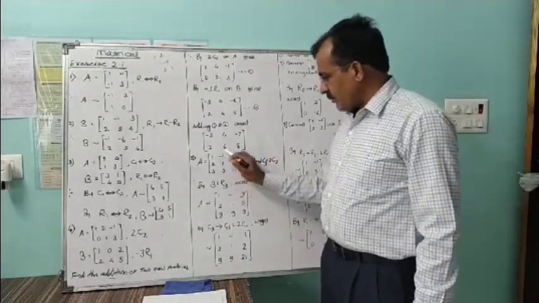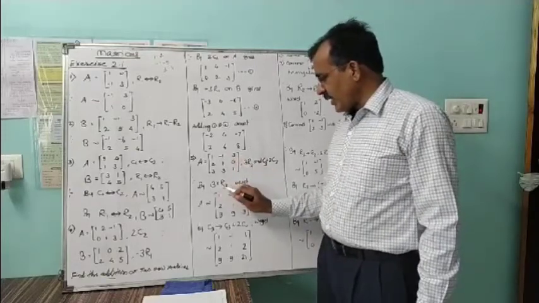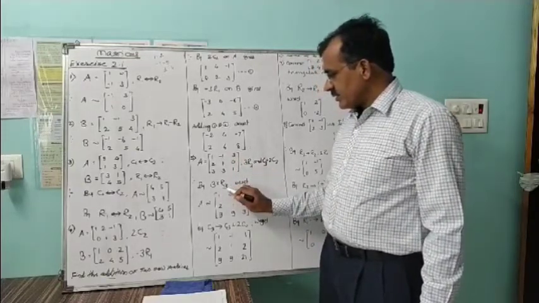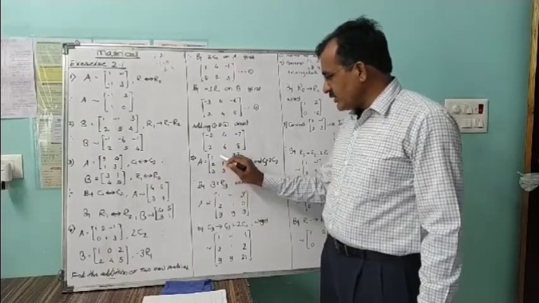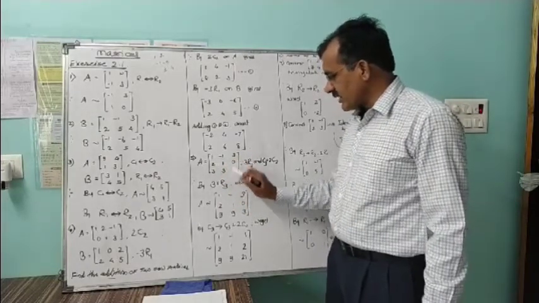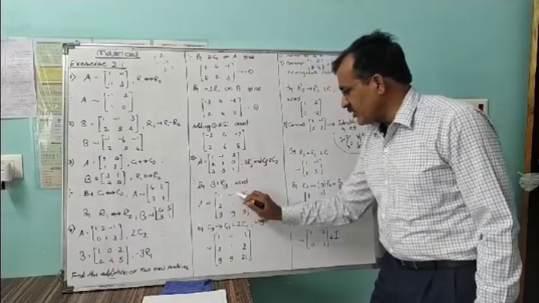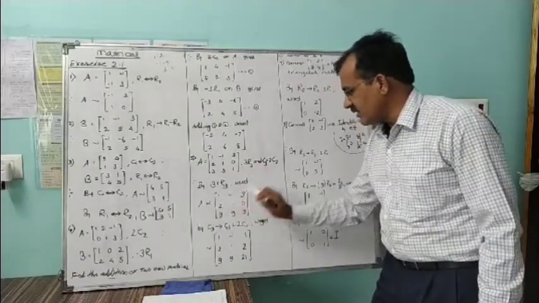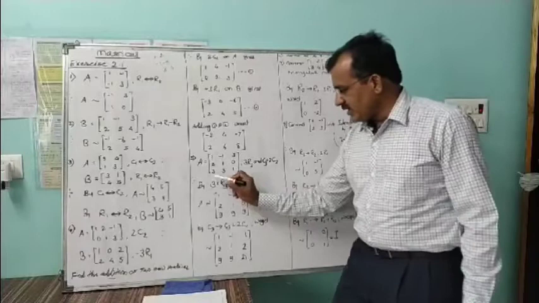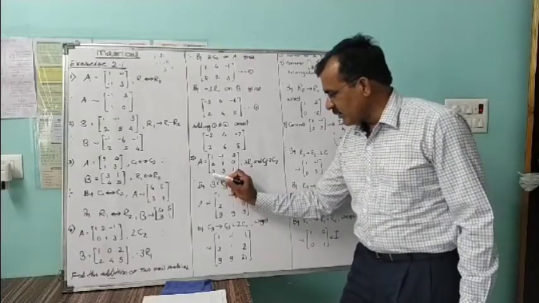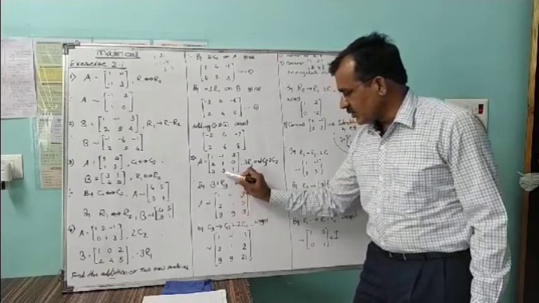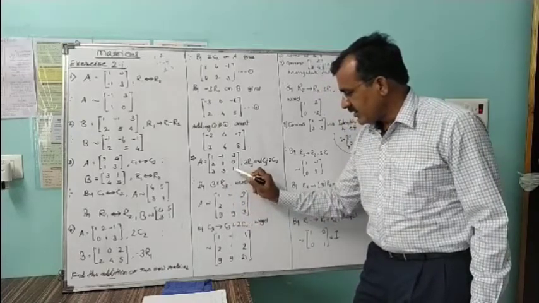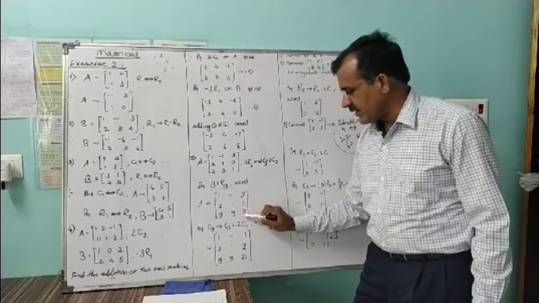So by the first operation, thrice of R3, this operation is on row number 3, no change on row number first and row number second. So we have to use the same elements of row number first and row number second. Now let us multiply each element of row number 3 by 3. So 3 into 3 gives us 9. 3 into 3 will be 9. 3 into 1 is 3.